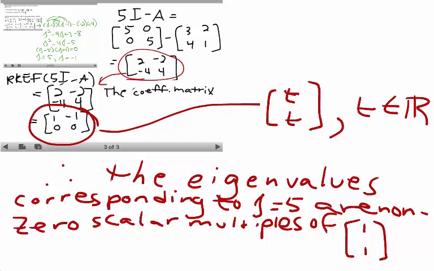Now let's find the eigenvectors that correspond to the eigenvalue negative 1.